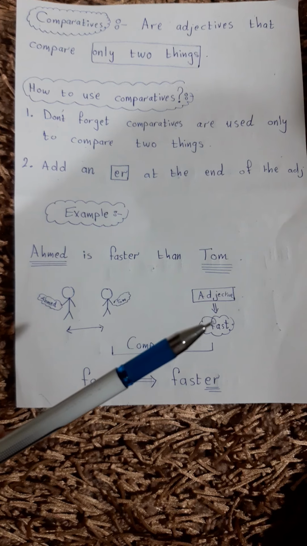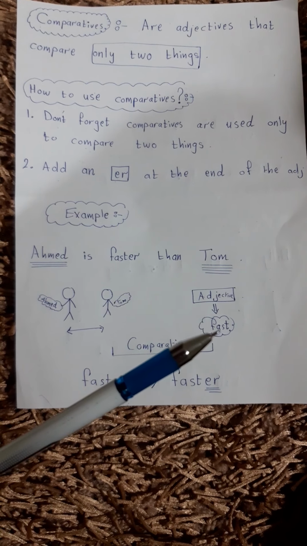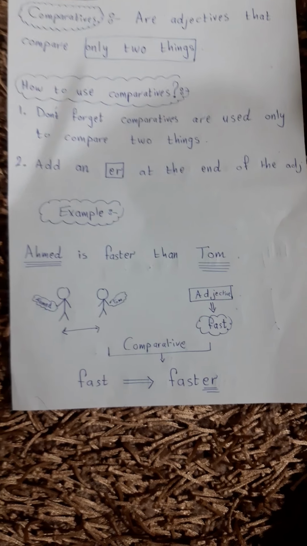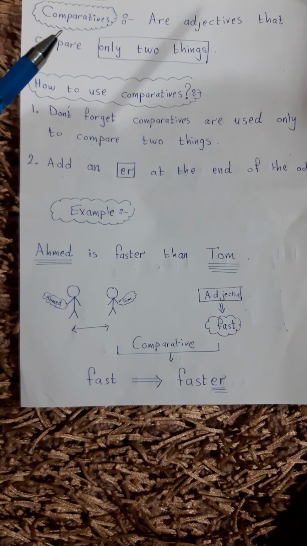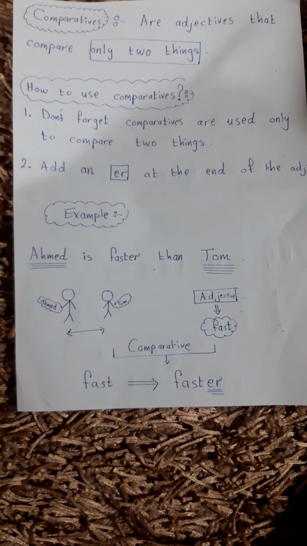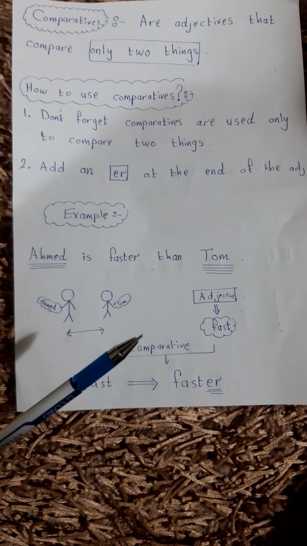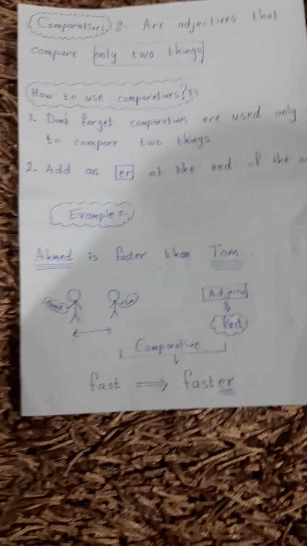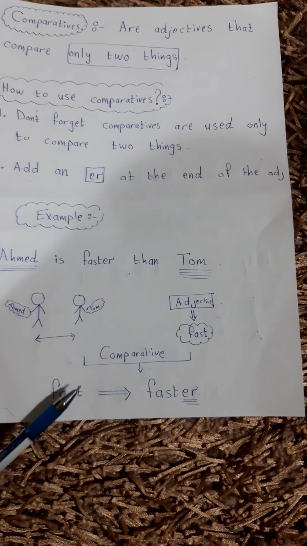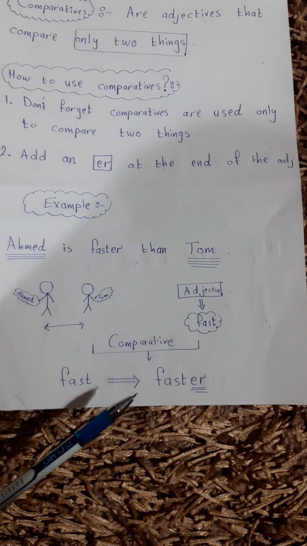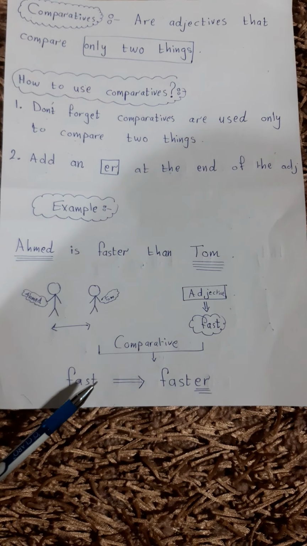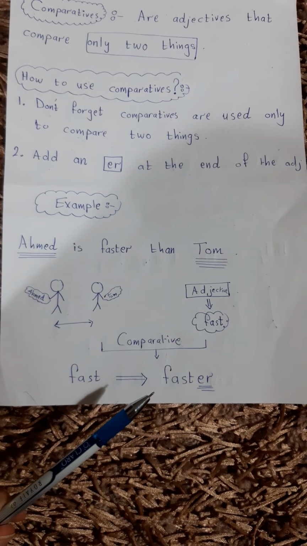Again, here we have two people. The adjective is fast, so we must use the comparative rule. Fast, faster.